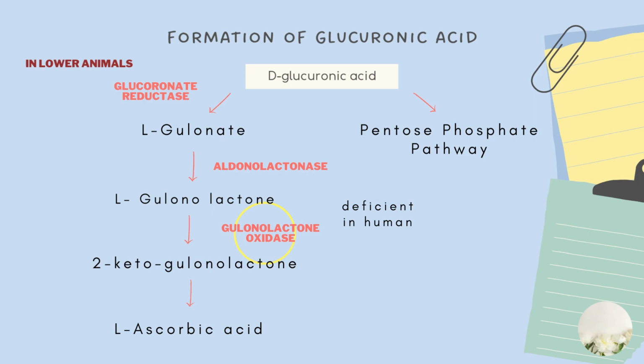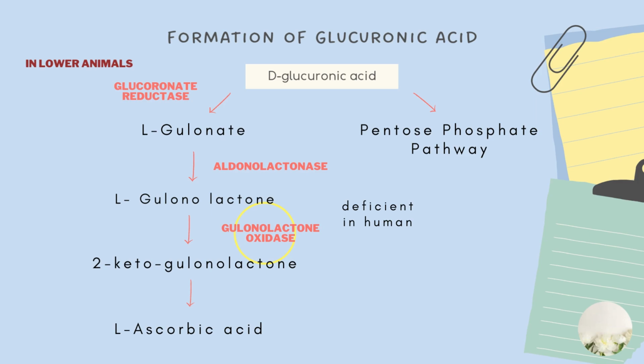This glucuronic acid formation starts when the UDP glucuronic acid formed from UDP glucose is converted to D-glucuronic acid. Firstly, this D-glucuronic acid will be converted to L-gulonate with the involvement of the glucuronate reductase enzyme. Then this L-gulonate will be converted to L-gulonolactone with the involvement of the aldonolactonase enzyme.